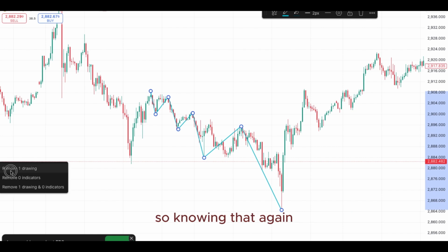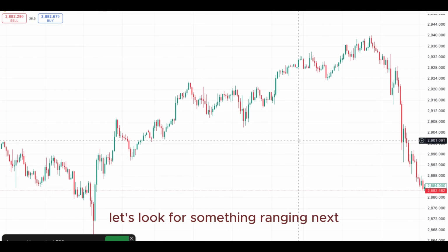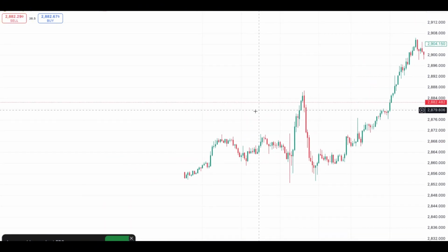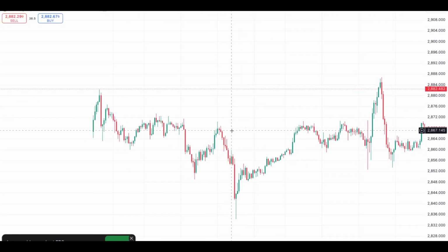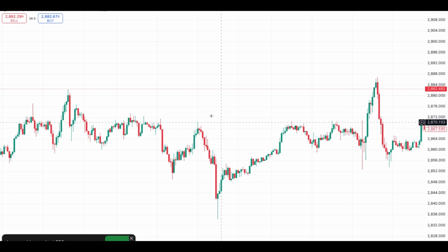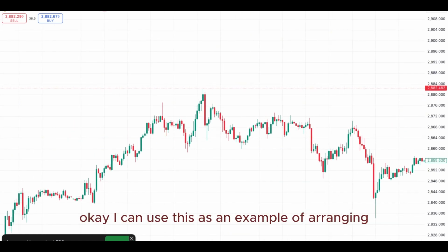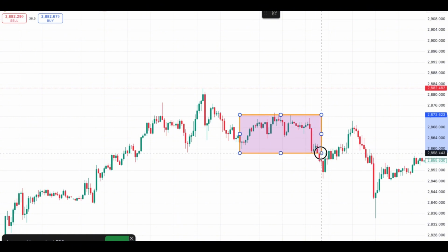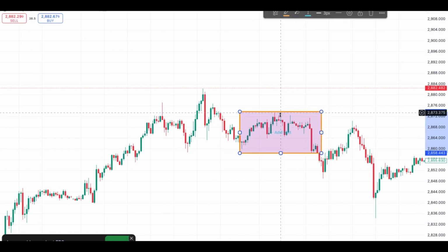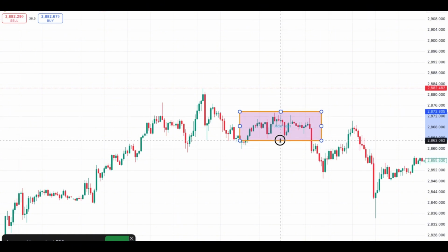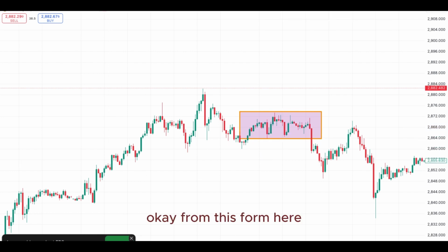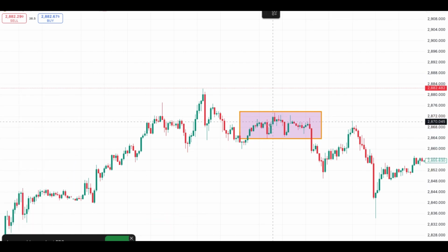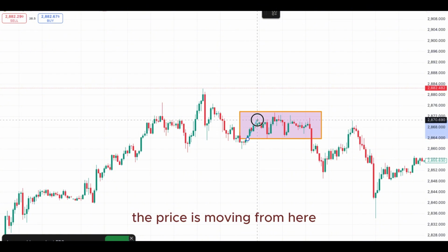Okay, so knowing that, again, let's look for an example of a ranging market. Okay, I can use this as an example of a ranging. Let me start from this one. From this form here, I could see that the price is moving from here.